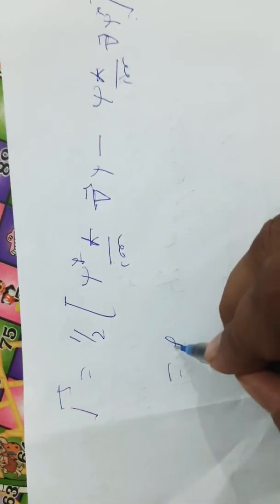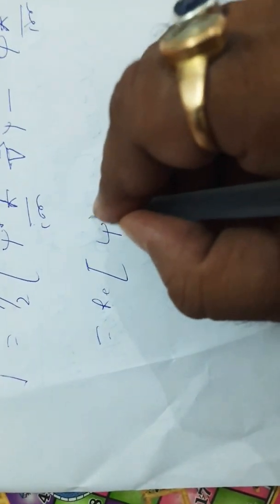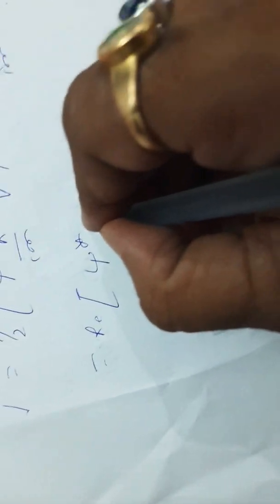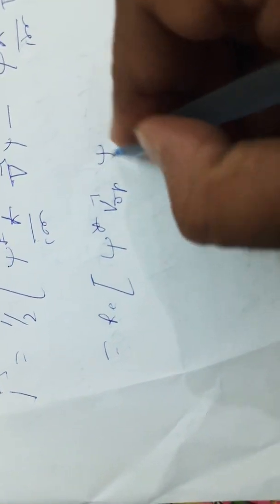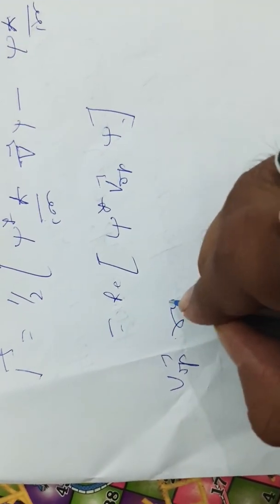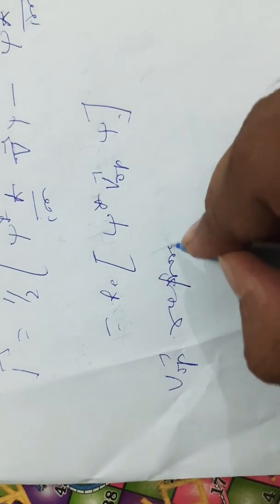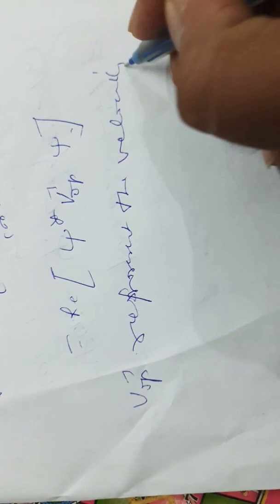This could be further simplified to write it as the real part of psi asterisk V_op psi, where V_op represents the velocity operator, and Re obviously stands for the real part of the quantity inside the bracket.